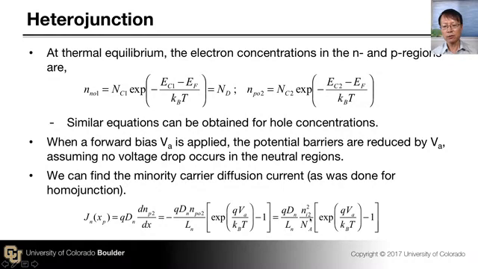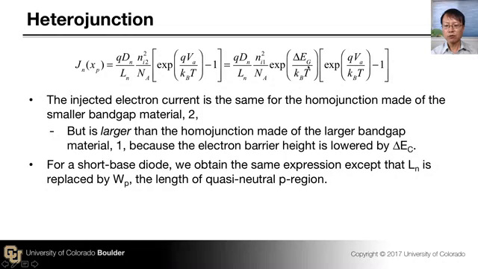So if you are going to rewrite this equation in terms of the ni, intrinsic carrier concentration of material 1, then you have to account for the band gap difference, which introduces this extra term here, exponential delta Eg over kT. So the injected electron current is the same as for the homojunction made of the smaller band gap material 2.